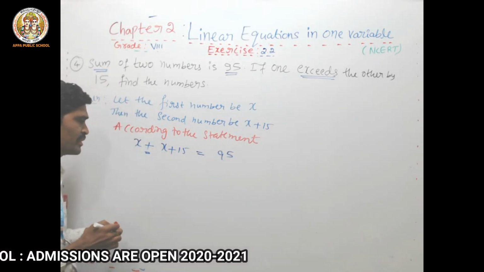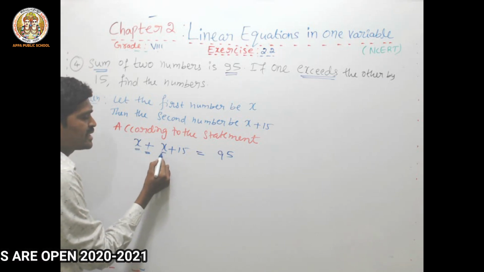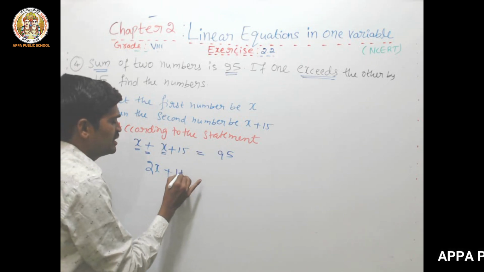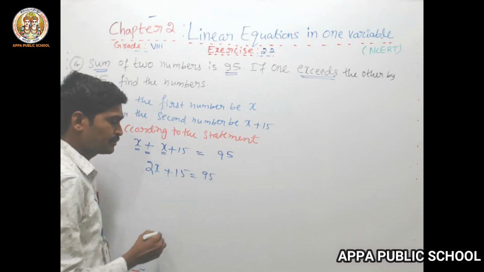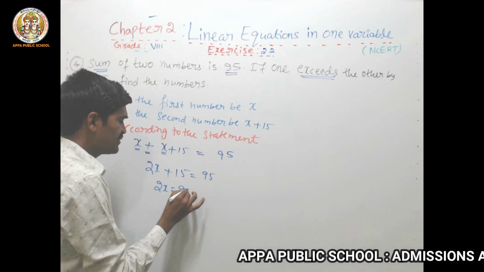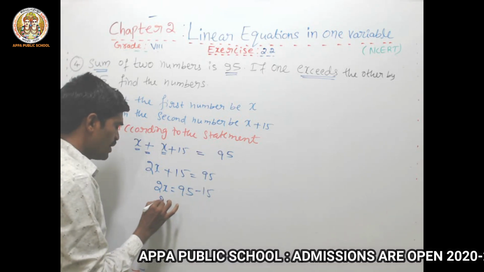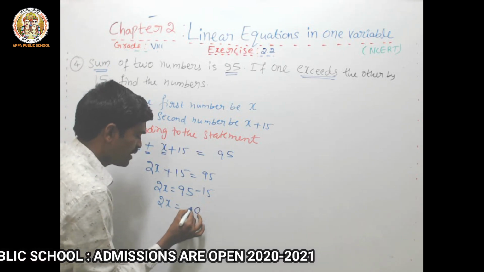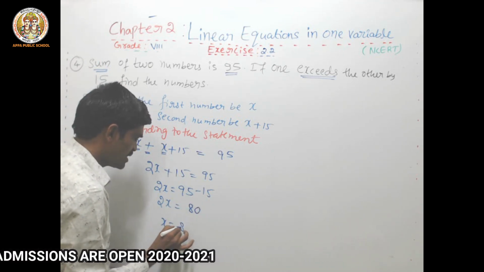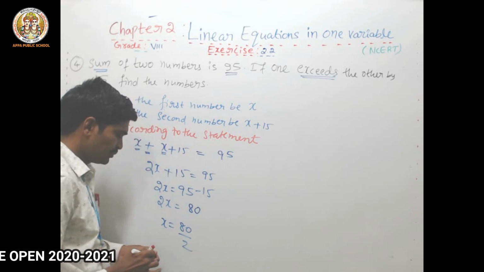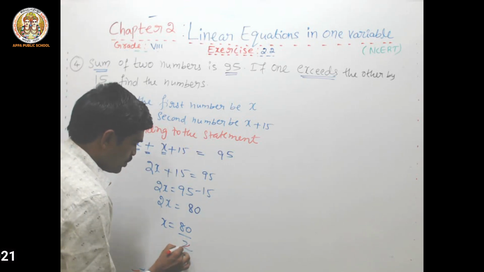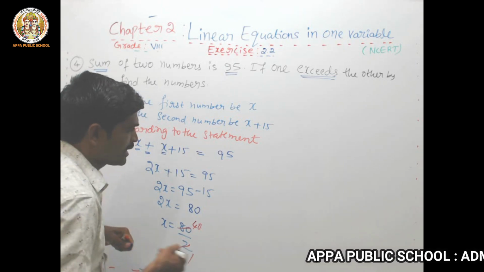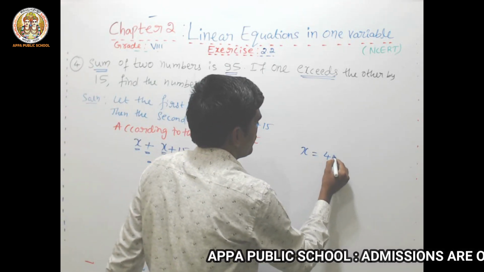Now again here my dear students, see here this x and this x you consider like terms. x plus x should be 2x plus 15 is equal to 95. 2x is equal to 95 minus 15. 5 minus 5 is 0, 9 minus 1 is 8. 2x is equal to 80, so x is equal to 80 divided by 2. Now 2 fours are 8, 2 twos are 4, so 40. So x is equal to 40 by 1. So you can write x is equal to 40.